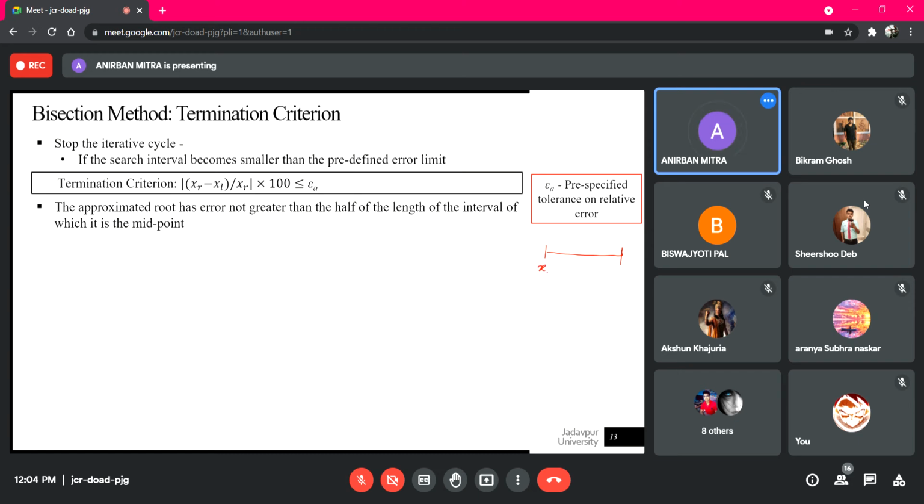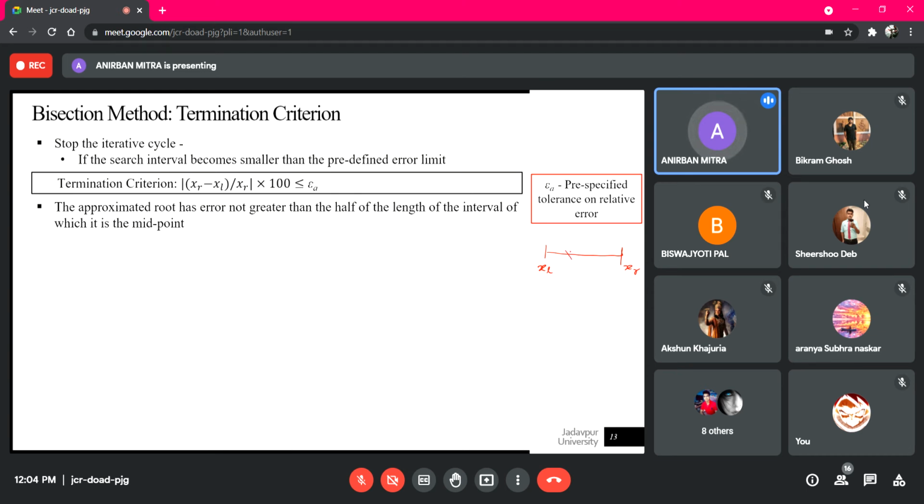Here is XL, here is XR. Let's say this is a modified interval towards the end of the iterative procedure. That means we have cut down the initial search interval to a very small value, and we have arrived at this XL and XR.